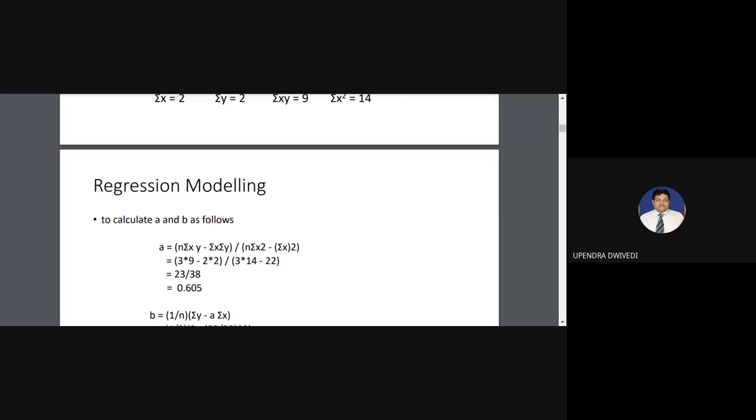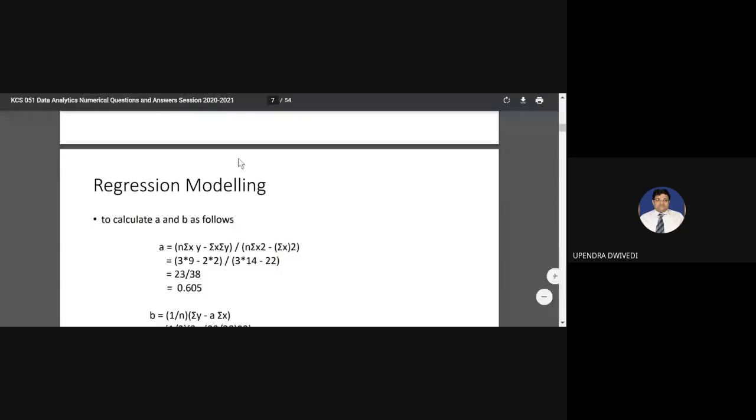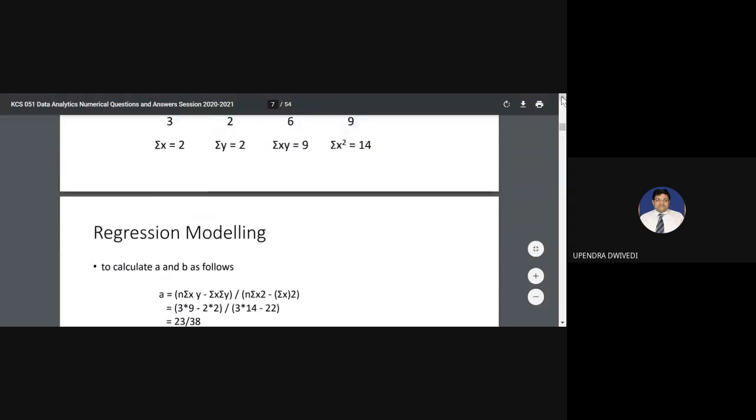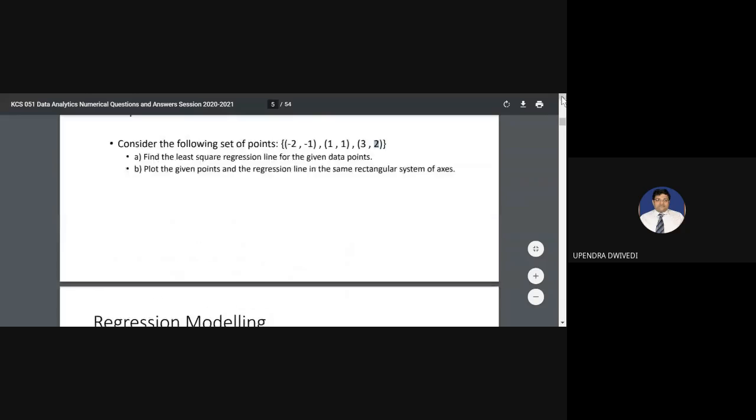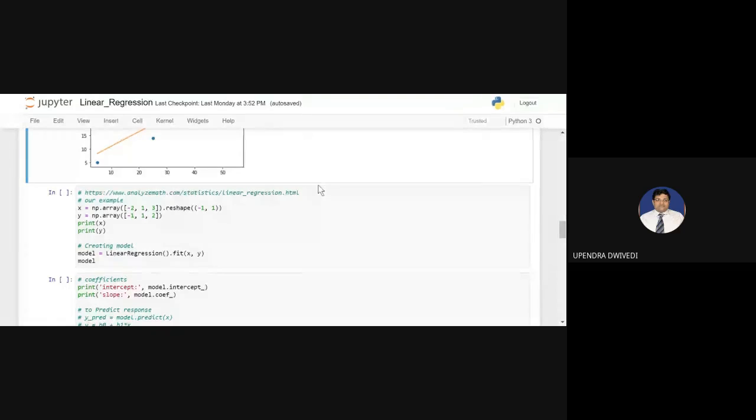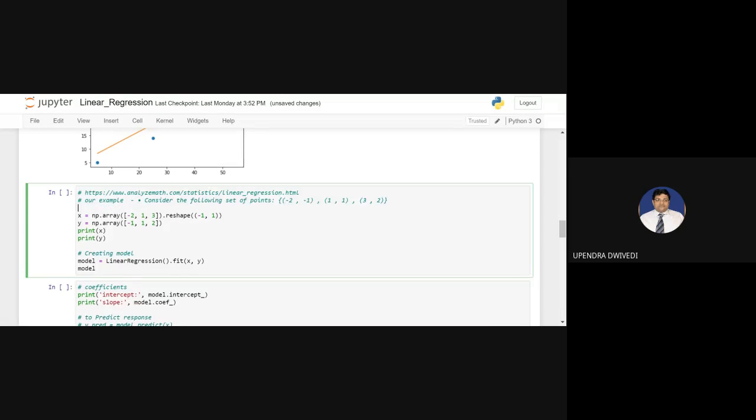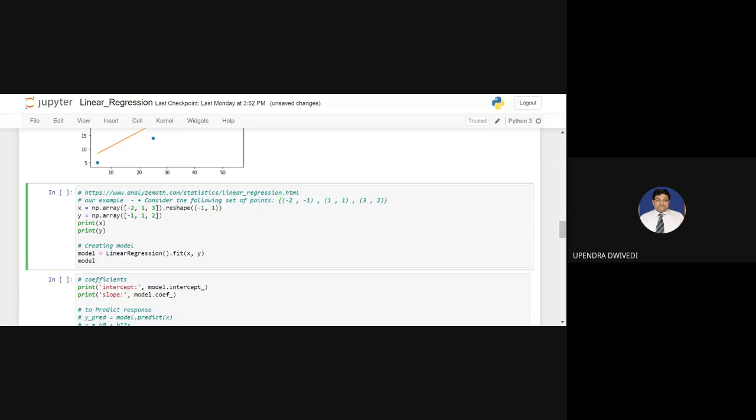So our example is this. Consider the following set of points. These are the points for which we have to find the regression line.